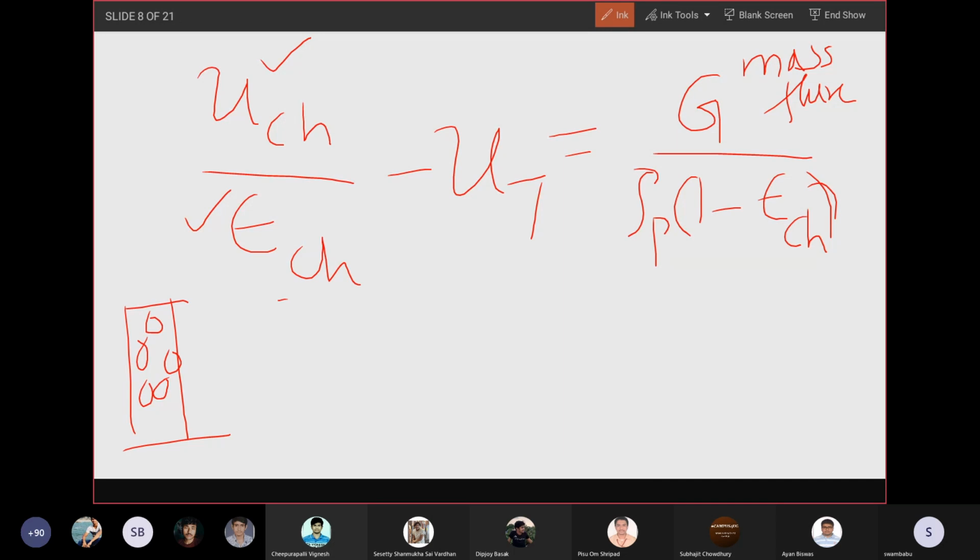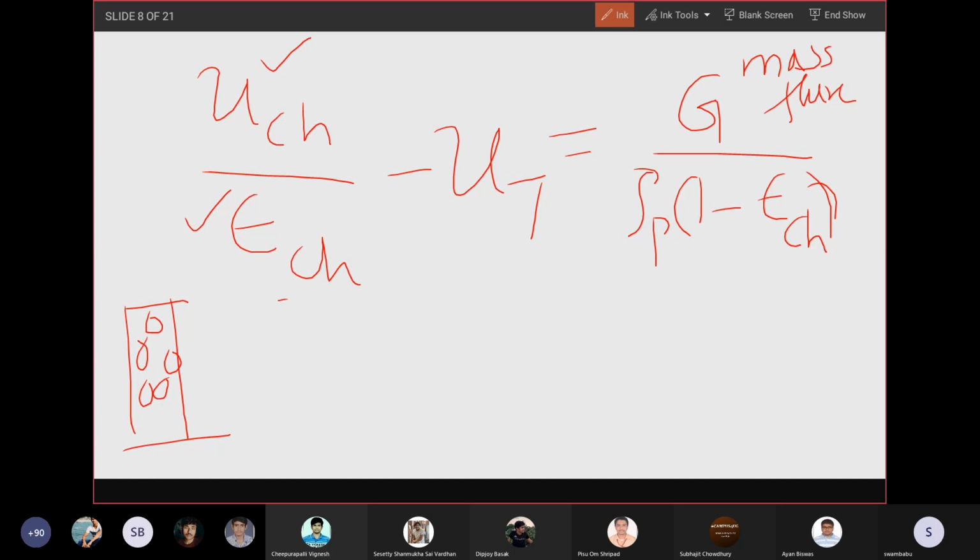The void fraction is the total voids volume, the solid-free volume, divided by the total volume.